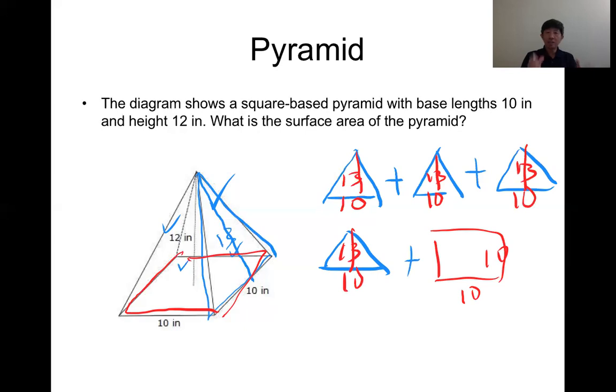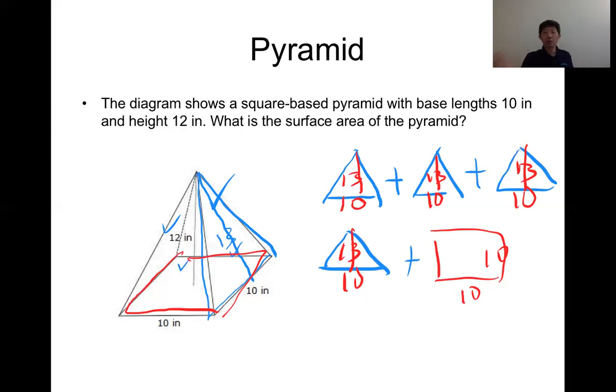Now the height is not 12. This is a misconception. A lot of people think the height is 12. Yes, the height is 12 for the whole pyramid, but not the height for the triangle. So that's why we have to find out each individual triangle's height. That's why we use the Pythagorean theorem to find it, okay?